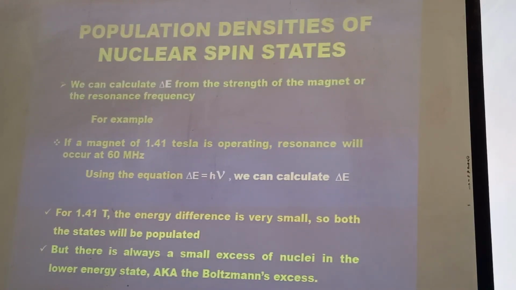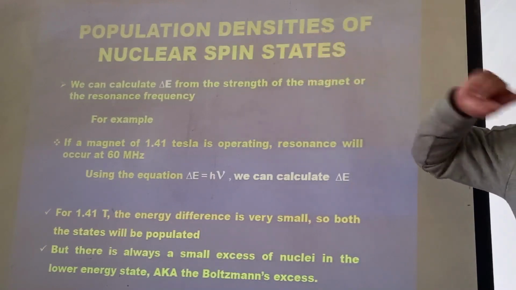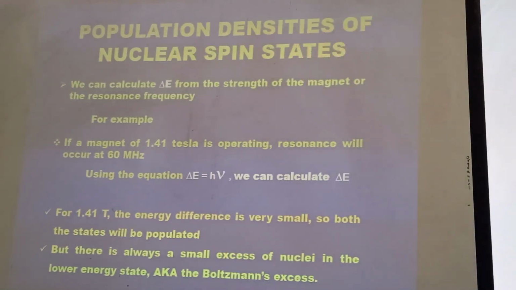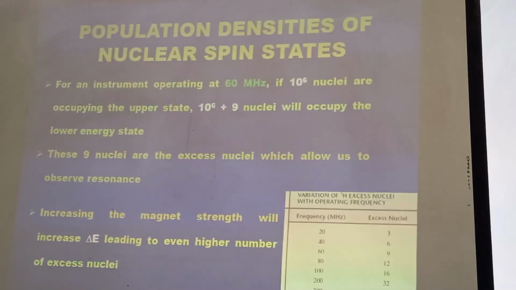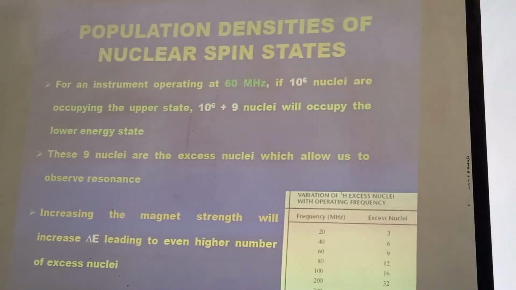Now we can relate this del E, or the population density, to the strength of the signal. How? So, if we have an instrument that is operating at 60 megahertz, we already know that the magnetic field would be 1.41 Tesla. We are operating at 1.41 Tesla, and the radio frequency required for resonance is 60 megahertz.